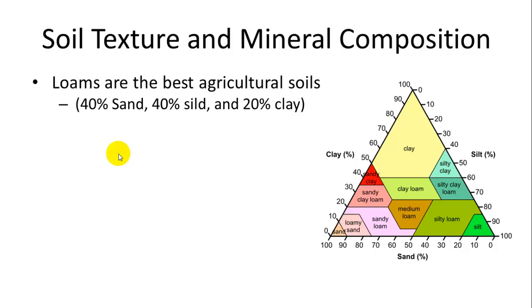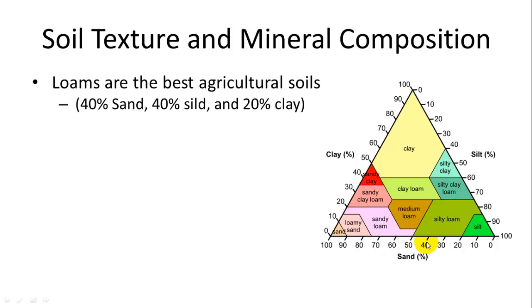Loams are the best types for agricultural soils. You can see we've got clay loam, medium loam, silty clay loam, sandy clay loam, different types of loams, but generally the best is 40% sand, 40% silt, and 20% clay.